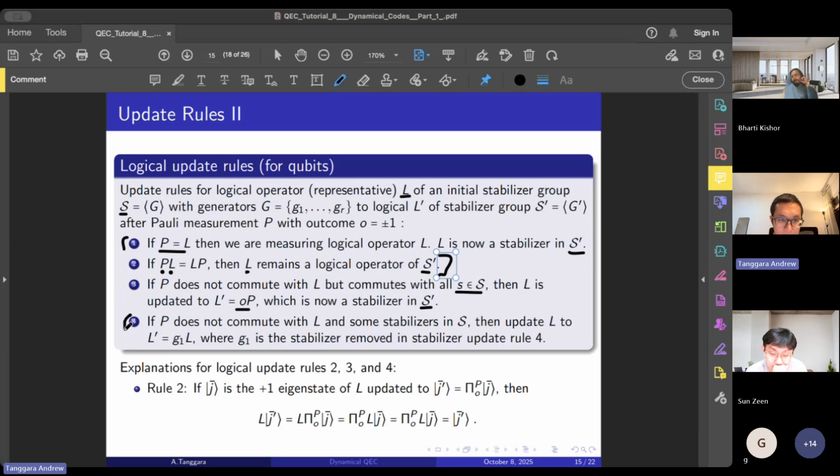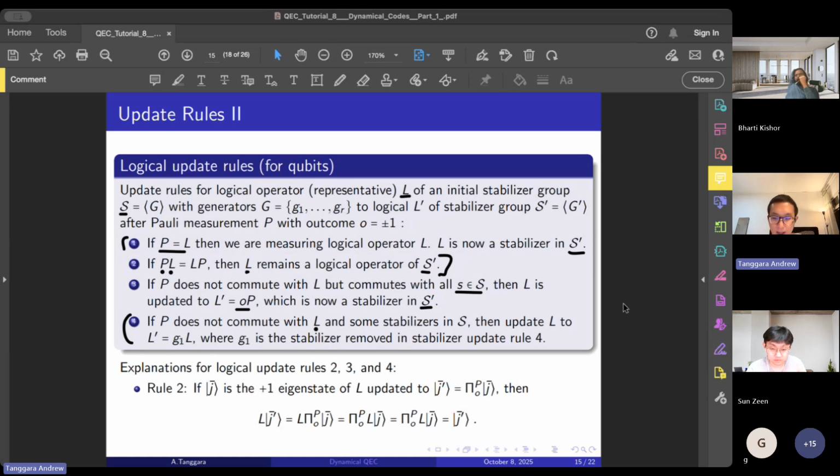The last update rule is where P does not commute with this logical L, and also does not commute with some stabilizers in S. This is related to stabilizer update rule number 3, because now I want to multiply L, the old logical operator, with this G1.